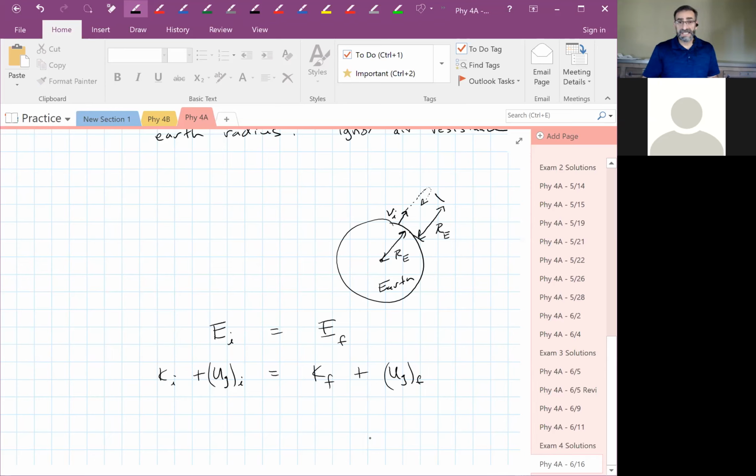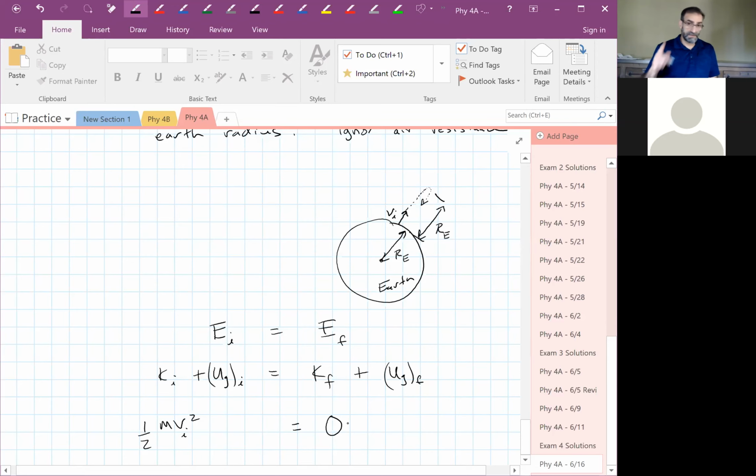Yes, we launched this thing with some big speed initially. So lots of initial kinetic energy, 1/2 m v initial squared. Are we moving at the end? No, that's the highest point, right? That's where it comes to rest, at the highest point. So we've got no kinetic energy at that instant.